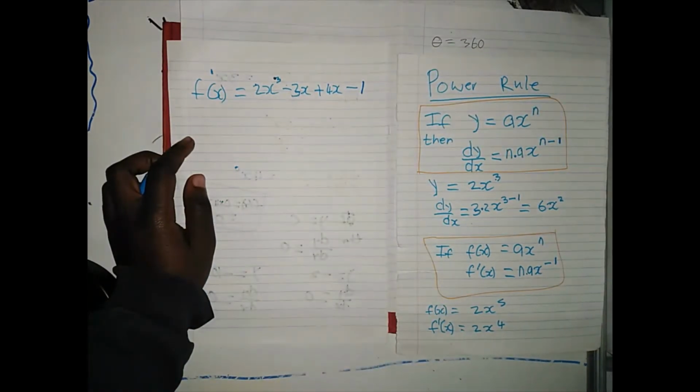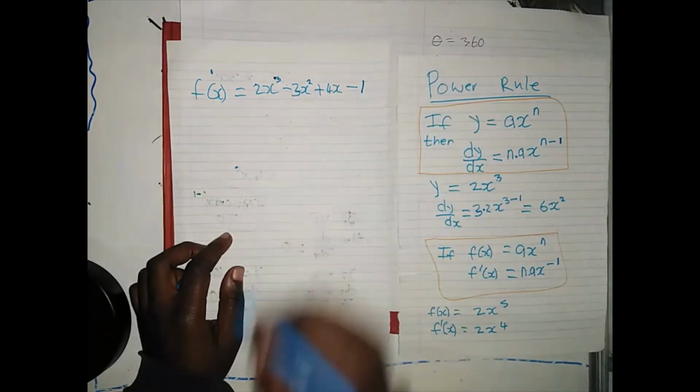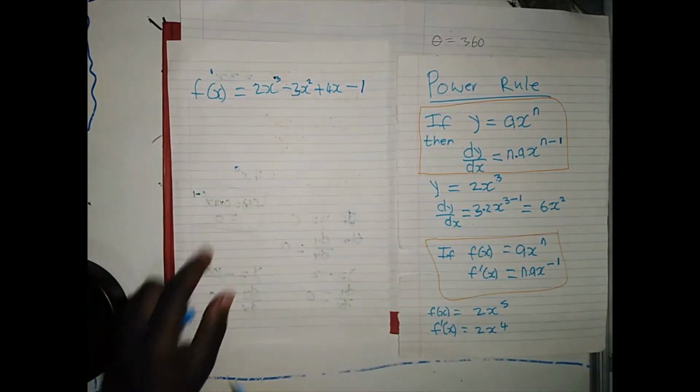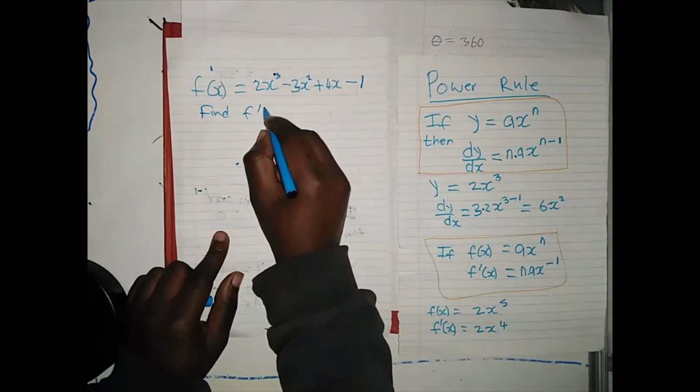So you've got a problem like this one. The question is, how do you then find f prime of x?